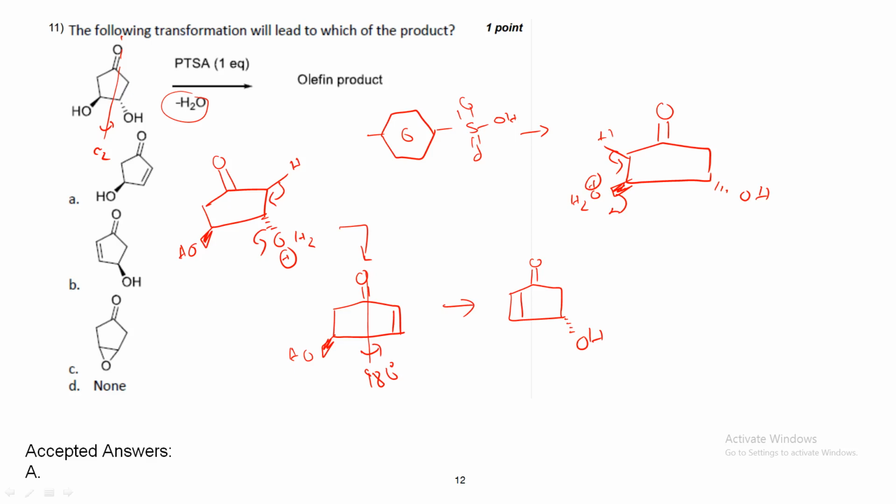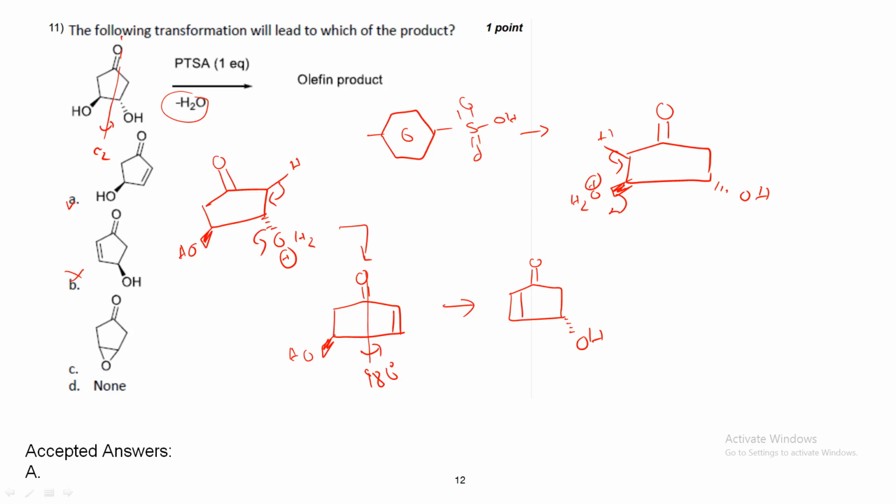So this is the thing about the C2 symmetric molecule. Now if we match with the available options, A would be matching with this one, and B cannot be formed because if we want to keep OH over here, it would be the below one, not the above one, and oxide formation over here is kind of tricky, I would say, in this elimination type reaction.